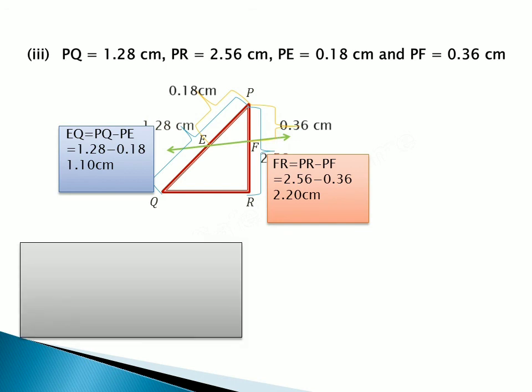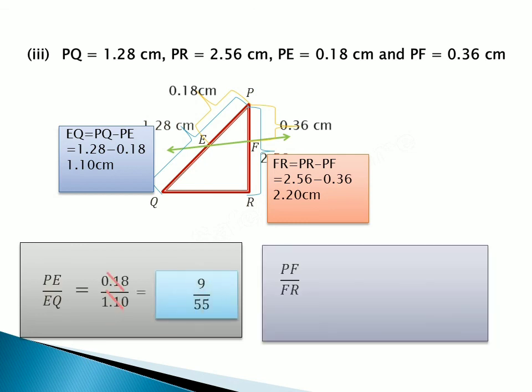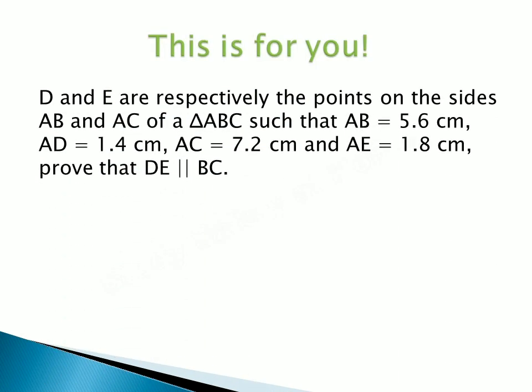Henceforth, you know all the steps. Very easy steps. Here the ratio comes 9 by 55. Both are same. So the line is parallel; you have to write this if they ask it as a 2 marks question.